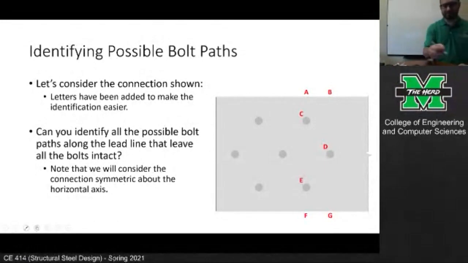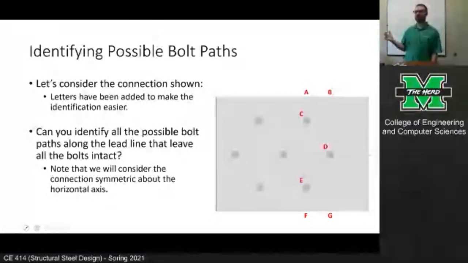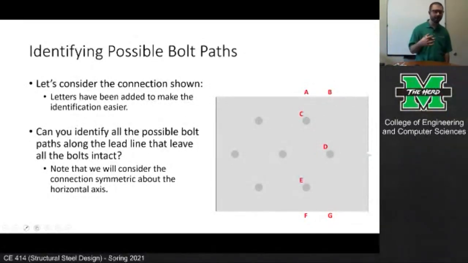I've labeled some of these bolts and edges with letters so that we can all speak the same language, and I'll walk you through one. When you're identifying bolt failure paths, the paths will always be perpendicular to the axis of the member unless there is a diagonal component.